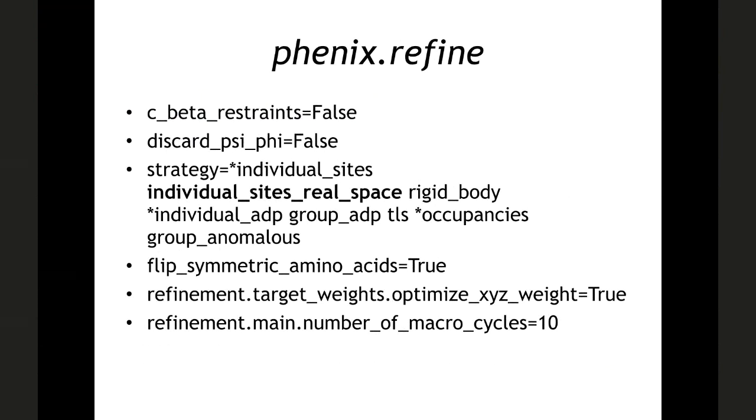So during a refinement, by default, at each macrocycle, once a reciprocal space refinement has been performed, a real space refinement is performed as well to see if it will improve some of the features and the fit of the model.